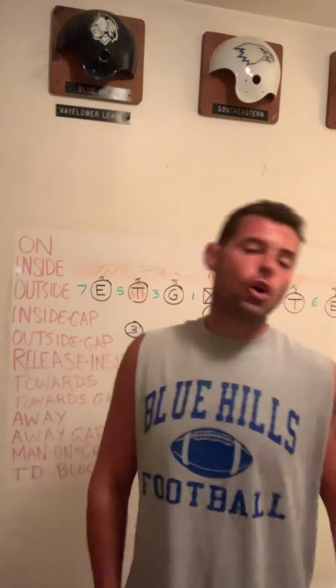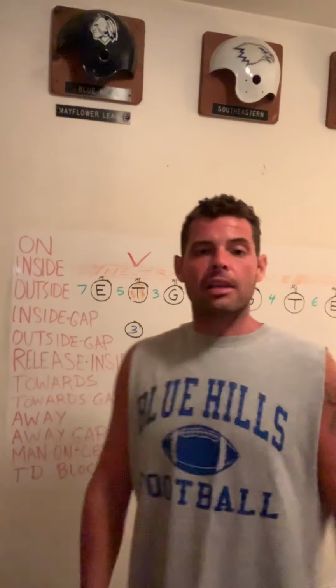On. Very simple. Do you have a man on you? So, going back to the left tackle, I have a defensive tackle that is pretty much on me. And when I say on, meaning if you walked straight towards him, would you bump into him?